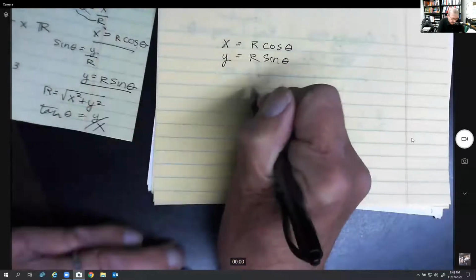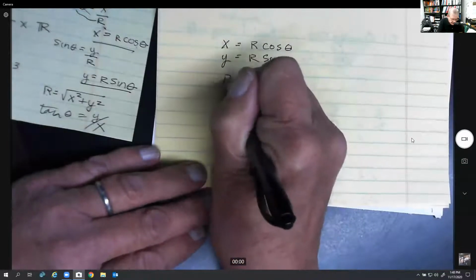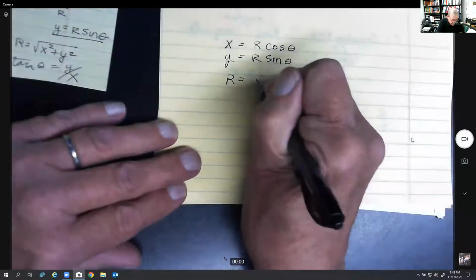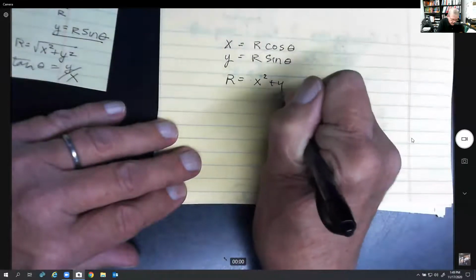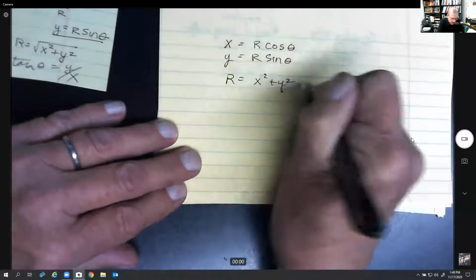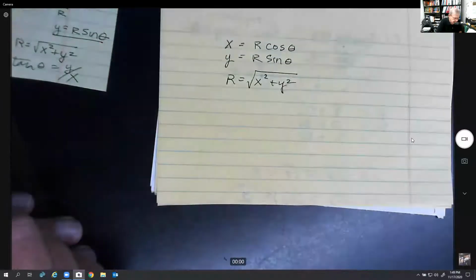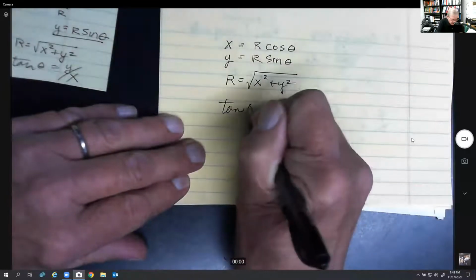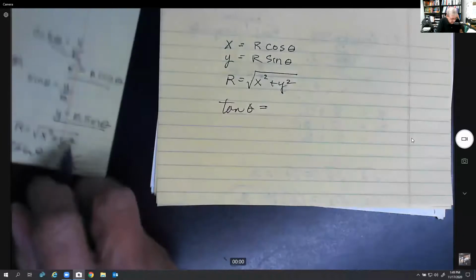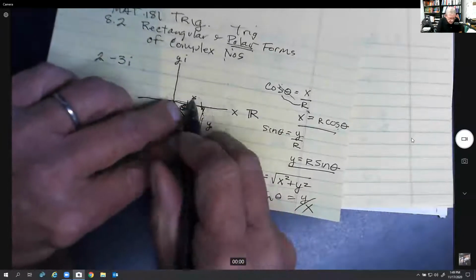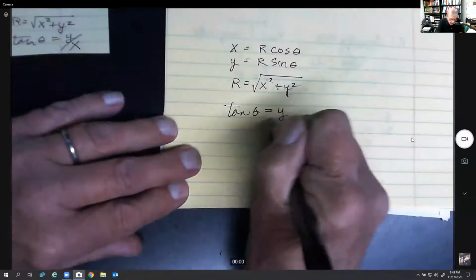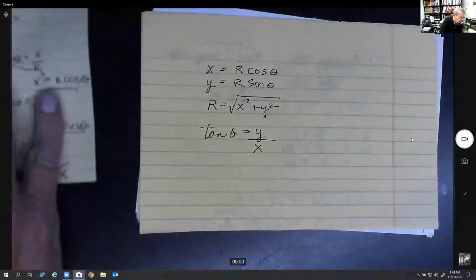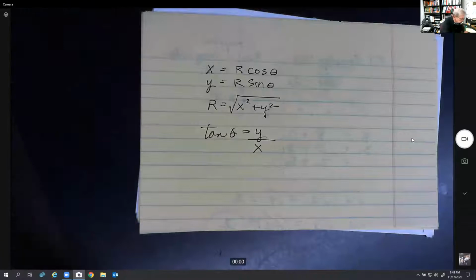And then finally, r itself, because it's the hypotenuse, is x squared plus y squared, and then we take the square root to get r. And finally, we know that the tangent of theta is equal to the opposite over the adjacent, y over x. Okay, so we have these important relationships.